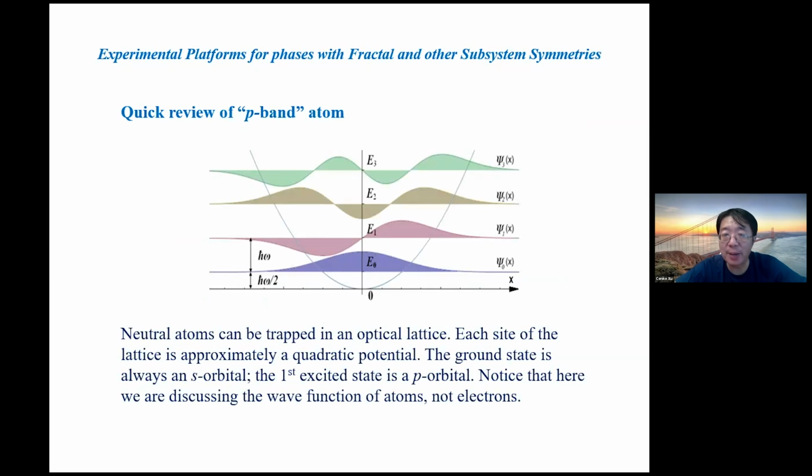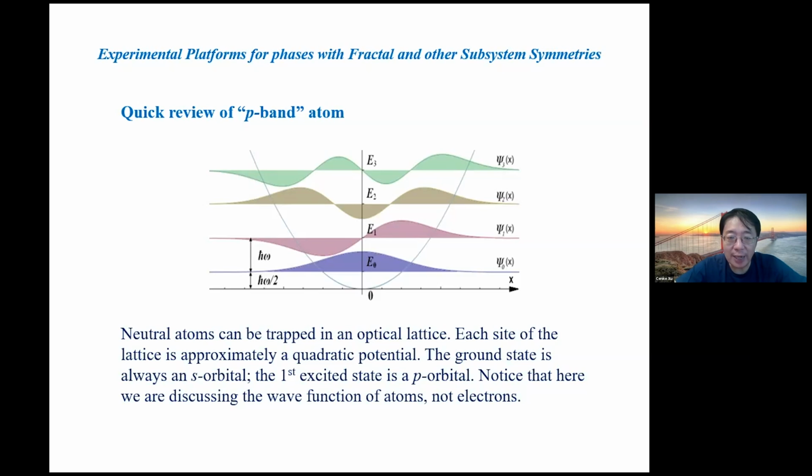From basic quantum mechanics, we know how to solve the quadratic potential problem. The ground state is an S wave, even under all spatial reflections and inversion. The ground state is the S orbital, and the excited state is the P orbital. The first excited state has one node in space, and it's odd under spatial reflection.